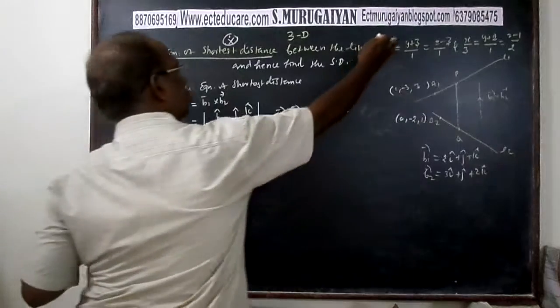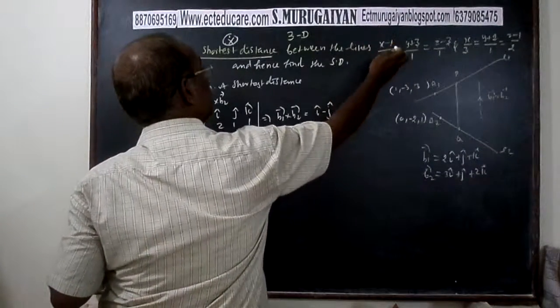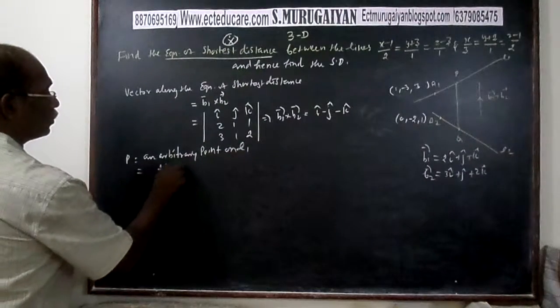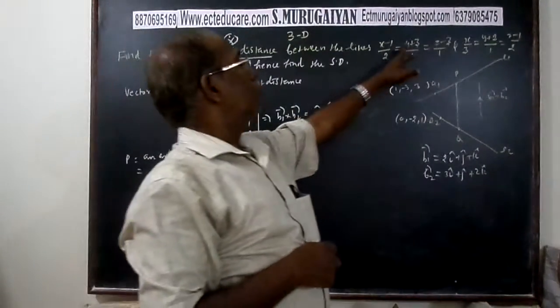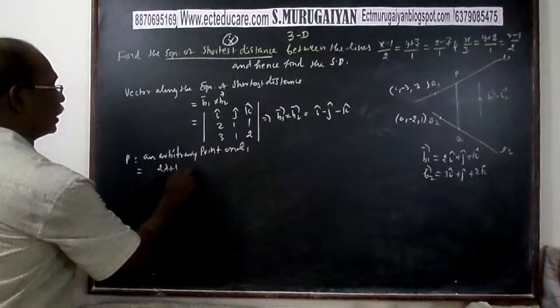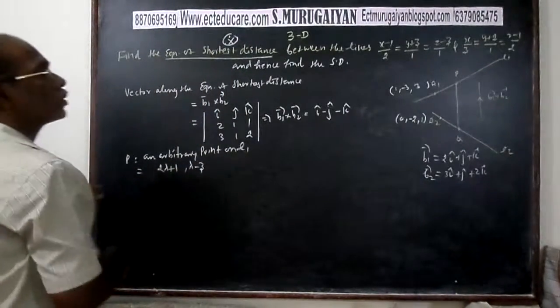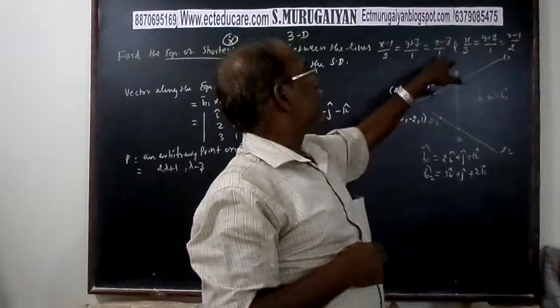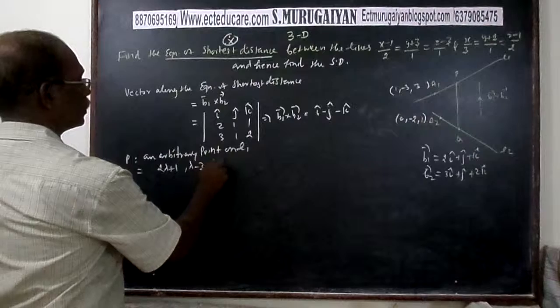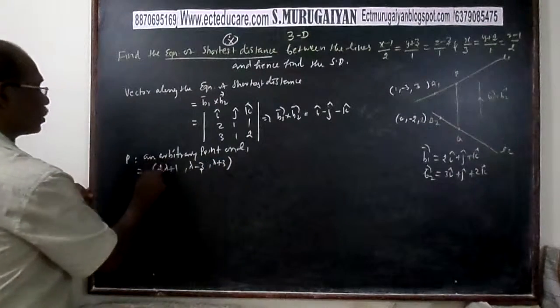So x equals 2 lambda plus 1, y equals lambda minus 3, and z equals lambda plus 3. This is a point, so use no ordinary bracket.